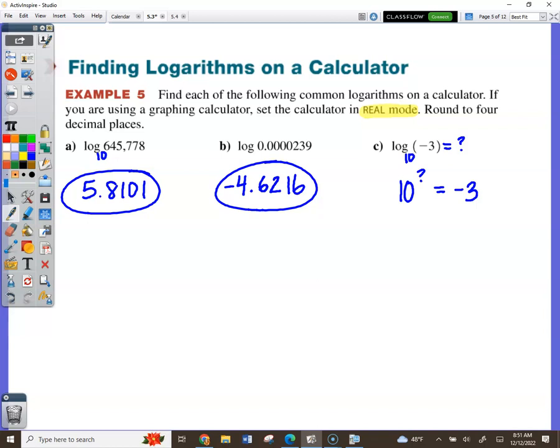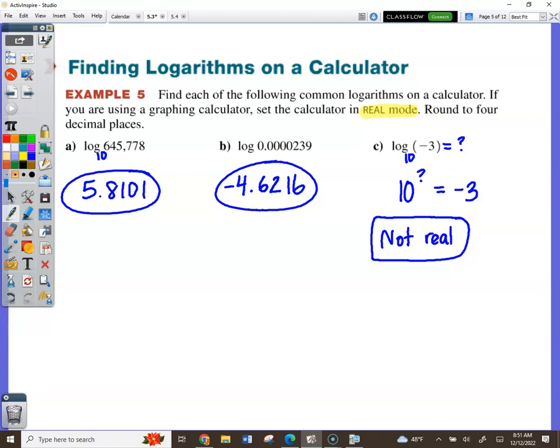Is there any way to take a 10 and multiply it by another 10, however many times, and get 3? Much less -3? It's not possible. Because this is saying take 10, raise it to a power, and get a number that's not possible, it's not real. This goes into imaginary solutions. So the way we would answer this is we would just say not real. Which doesn't mean like it's fake. It means imaginary.